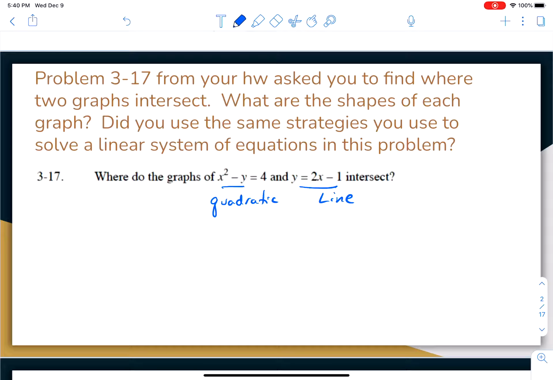So if you think about how a quadratic and a line intersect, they could either intersect nowhere, or they could intersect in one location, or they could intersect in two locations.